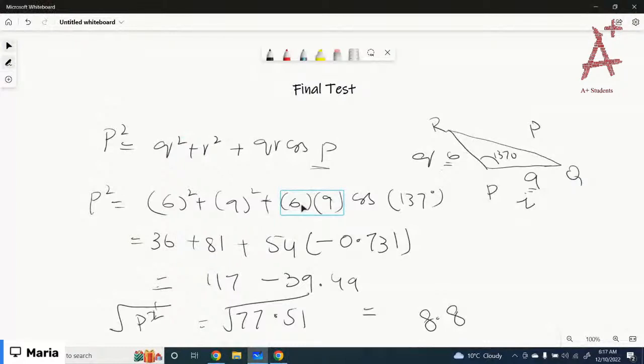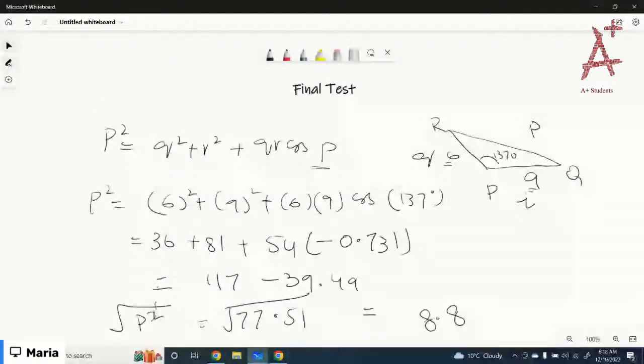Let's just multiply it with 54. 54 times cos 137 is negative 39.49. 81 plus 36 is 117. 117 minus 39.49 is 77.51, and square root of 77.51 is the same answer.